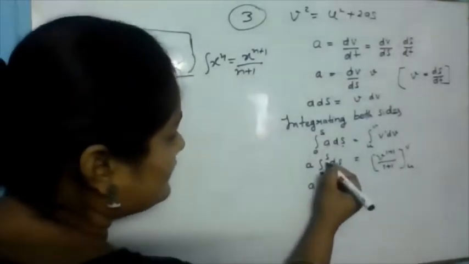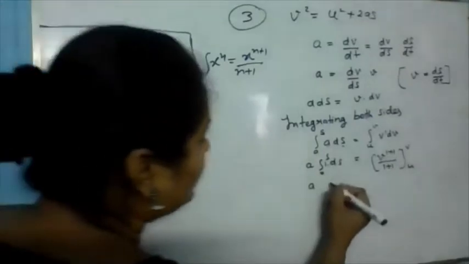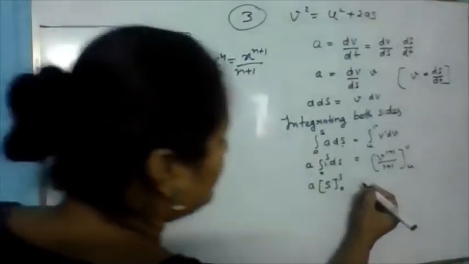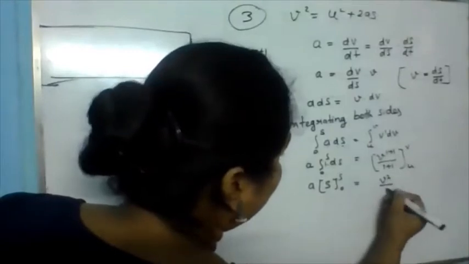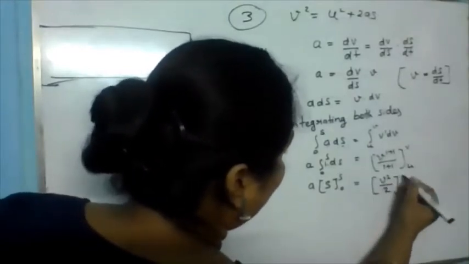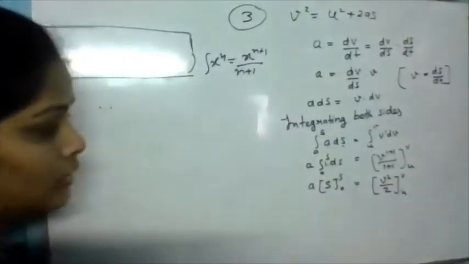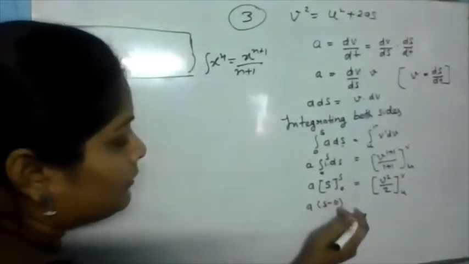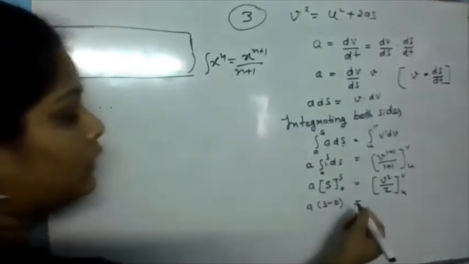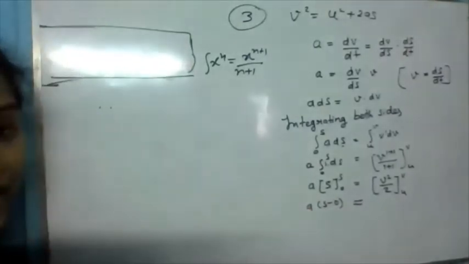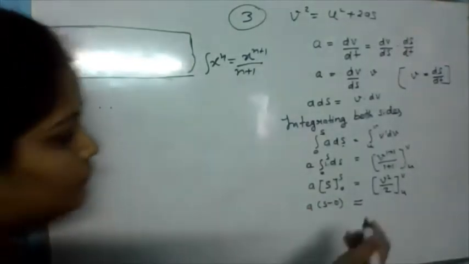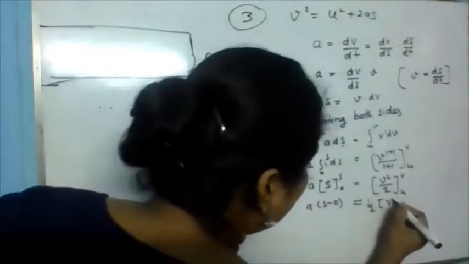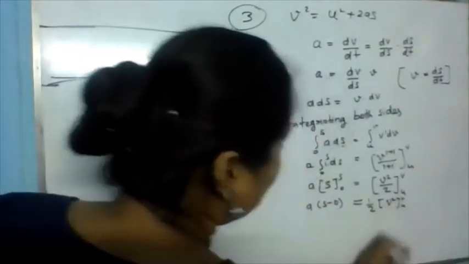Now here there is nothing, so we can consider 1. So we will get s, and the limit is 0 to s. Here we can write v square upon 2, with limit u to v. So a s minus 0, upper limit minus lower limit. I told you that we can't apply limit on a constant term, so just take out 1 by 2 and apply the limit on v square.